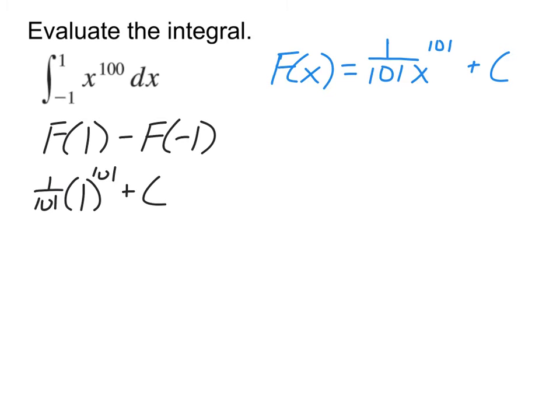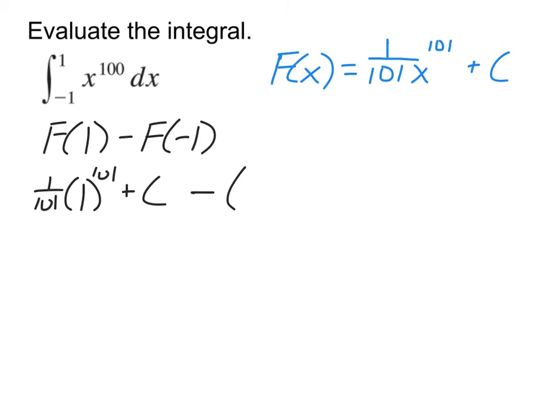So that is the f of 1 value. Now I need to subtract the f of negative 1. Notice when I subtract it, I'm going to do minus, and then I'm going to put it all in parentheses. That's going to make your life a lot easier and help you avoid errors down the line if you always do minus parentheses and put everything in there.